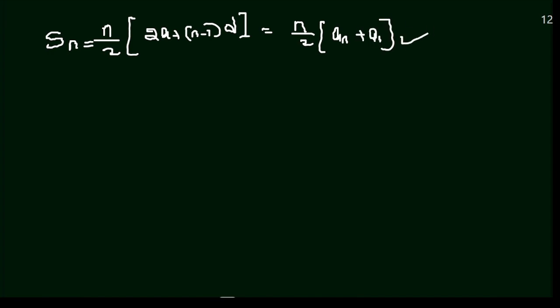We'll take this, it will be easy. So S_n is equal to 150 by 2, into first one 102 plus last one 996.